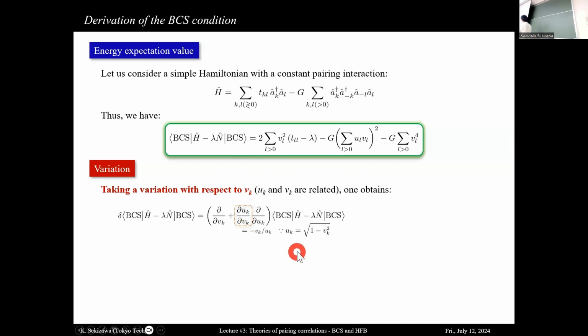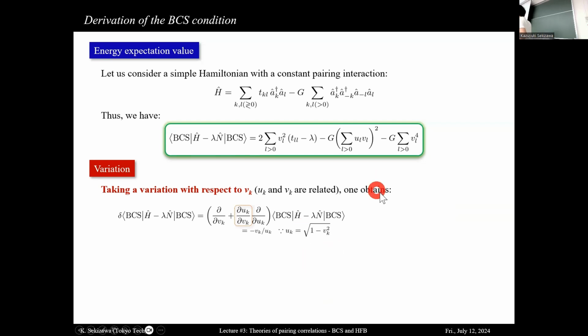Since, because of this normalization condition, you can get UK equals square root of 1 minus VK square. So if you take the derivative with respect to V for this U, then it will generate this 1 over U, right?